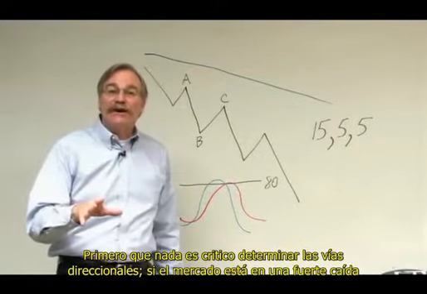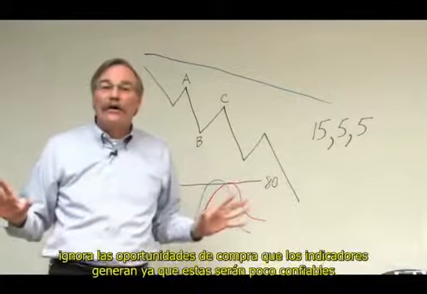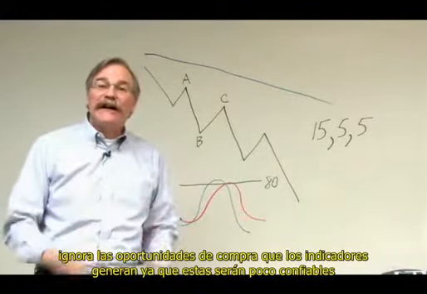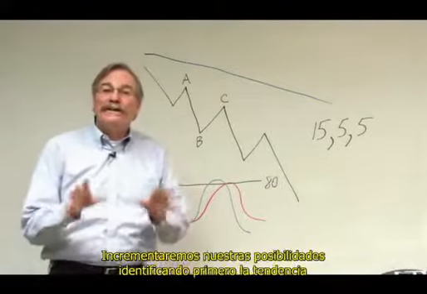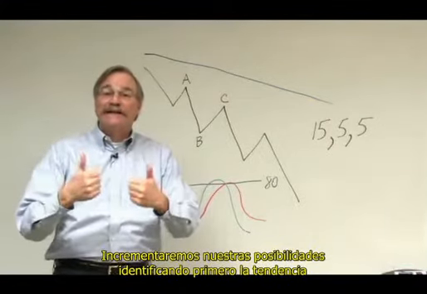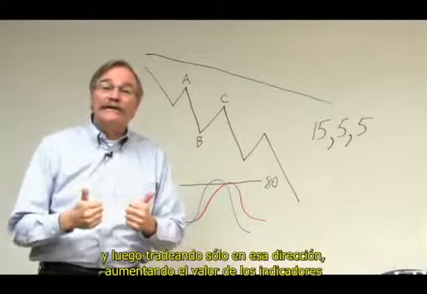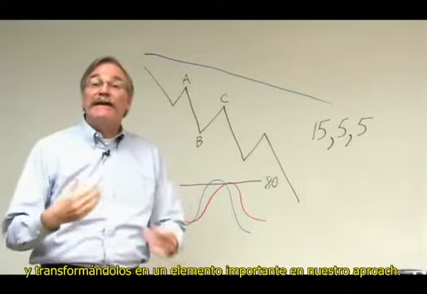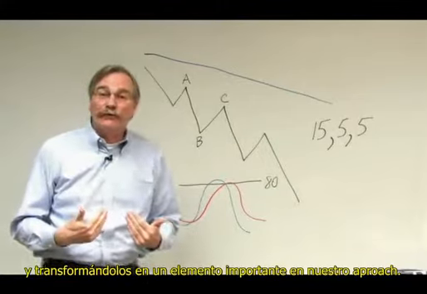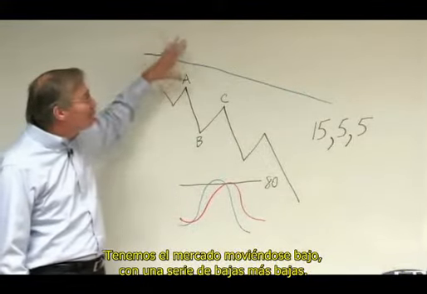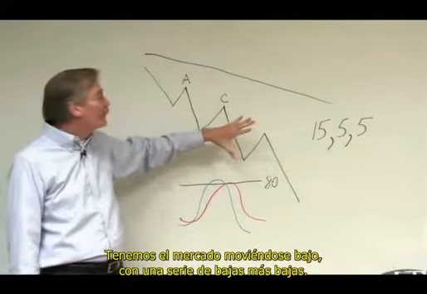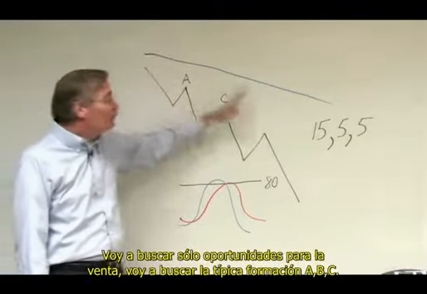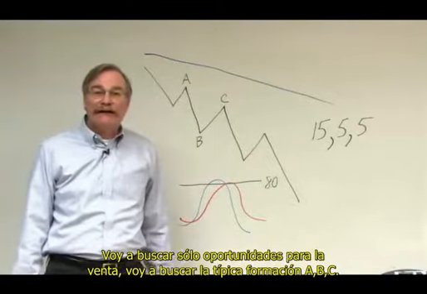If the market is in a strong downtrend, we want to ignore all the buying opportunities that any indicator will generate because they're just not going to be very reliable. We want to increase our chance of success by first identifying the direction of the trend and only trading in that same direction. That increases the value of these indicators and makes them a more valuable part of our trading approach. So we've got the market moving down, a series of lower highs and lower lows. The 200-day moving average is above the market and is also moving down. I'm only looking for selling opportunities.